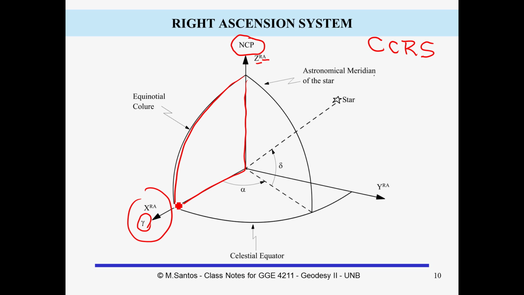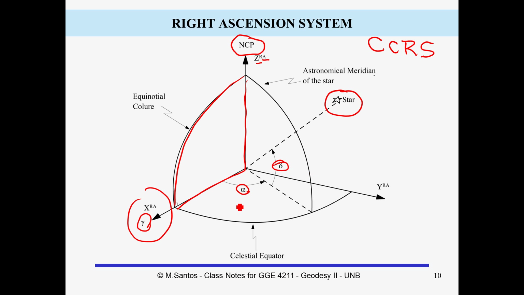These would be, well, akin to longitude, if you wish, and the y-axis forms this orthogonal system. If you want to get the direction to a star, what we need are two angles, the equatorial coordinates alpha and delta. That's right ascension, alpha, and delta is the declination.